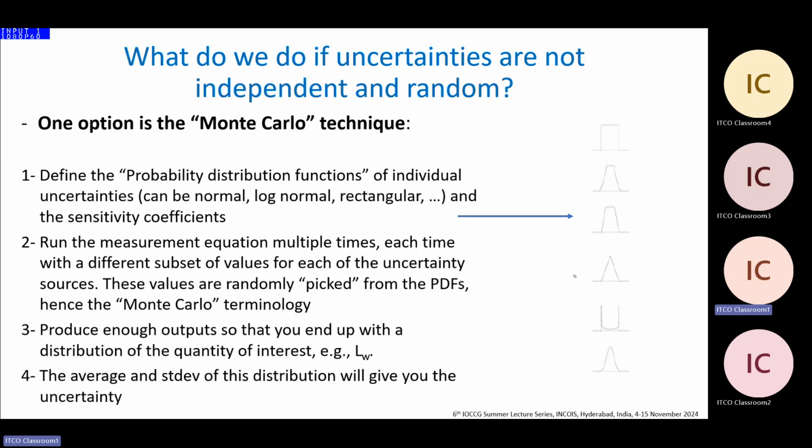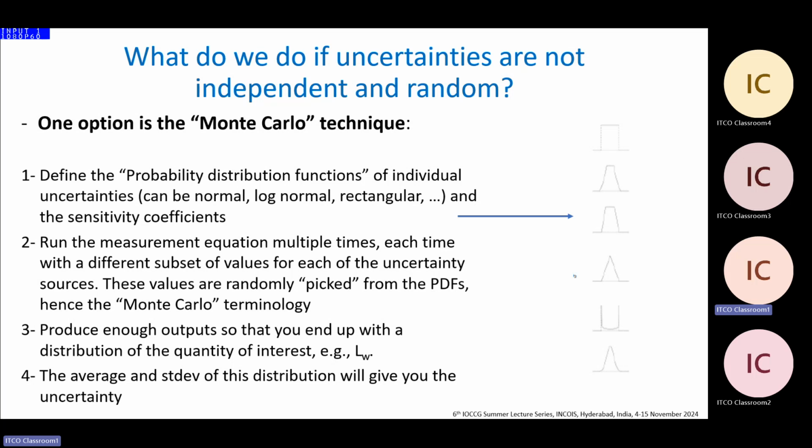So one of the options we have is this so-called Monte Carlo technique. Yesterday you heard about the Monte Carlo for the radiative transfer. That's a bit the same logic. We are going to use random numbers. Okay, let's restart from the beginning.